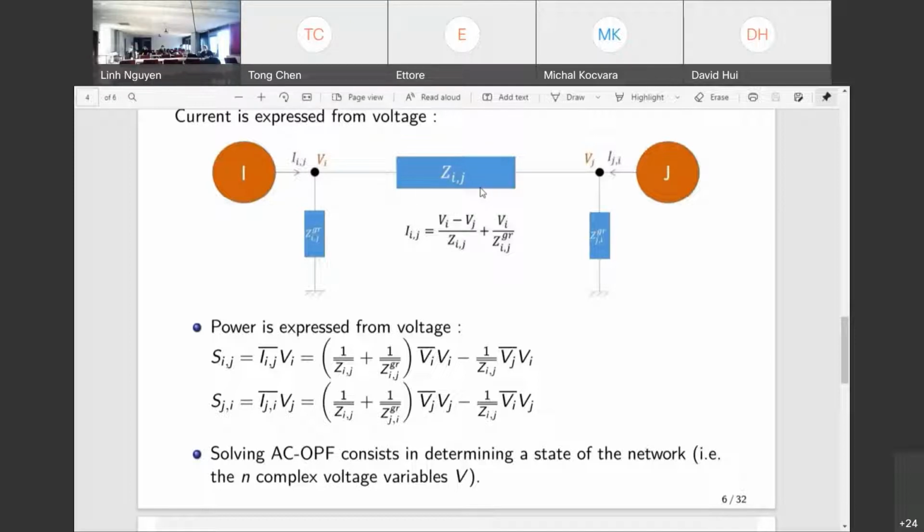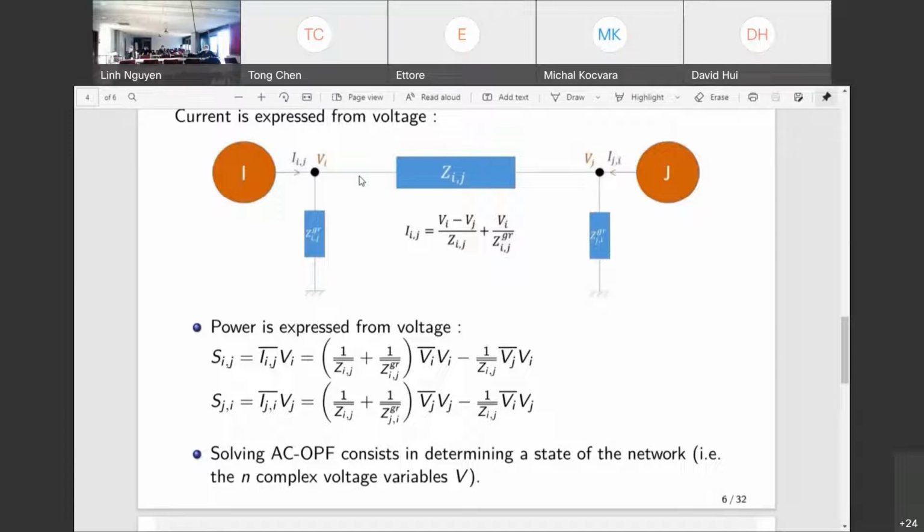It models the fact that this line is participating in dephasing the current and the voltage.